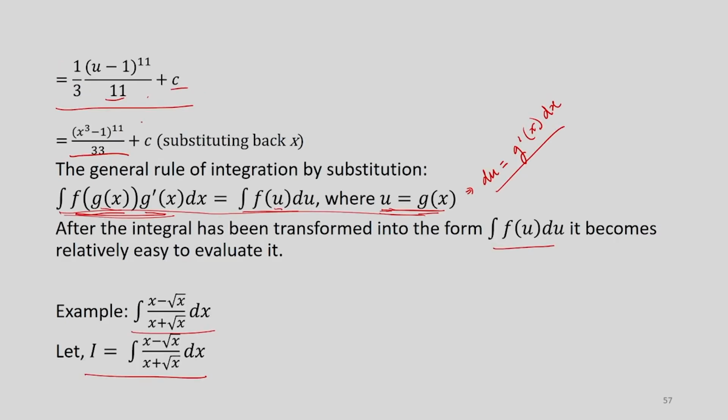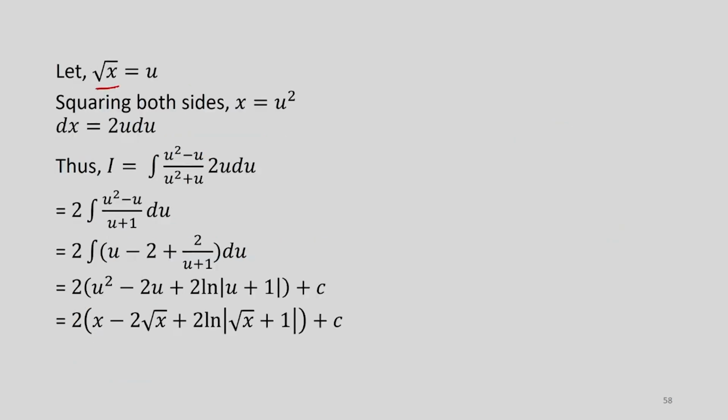Root over x is appearing here, right? Here is root over x, here is root over x. So, I am assuming that root over x is equal to u. And if root over x is equal to u, I can take the square of both sides. That will give me x is equal to u square. And then I take the differentials, it will become dx is equal to 2u multiplied by du.